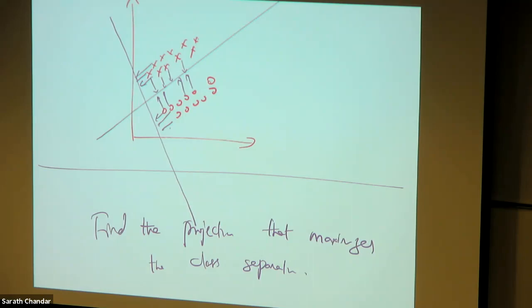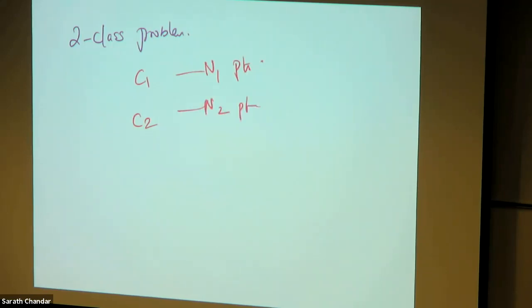To do that, let us assume that we are working with a two class problem. Let's say there's class C1 and class C2, and there are n1 data points for class C1 and n2 data points for class C2. Is that clear? Now we are going to separately define the mean and variance for these two classes.